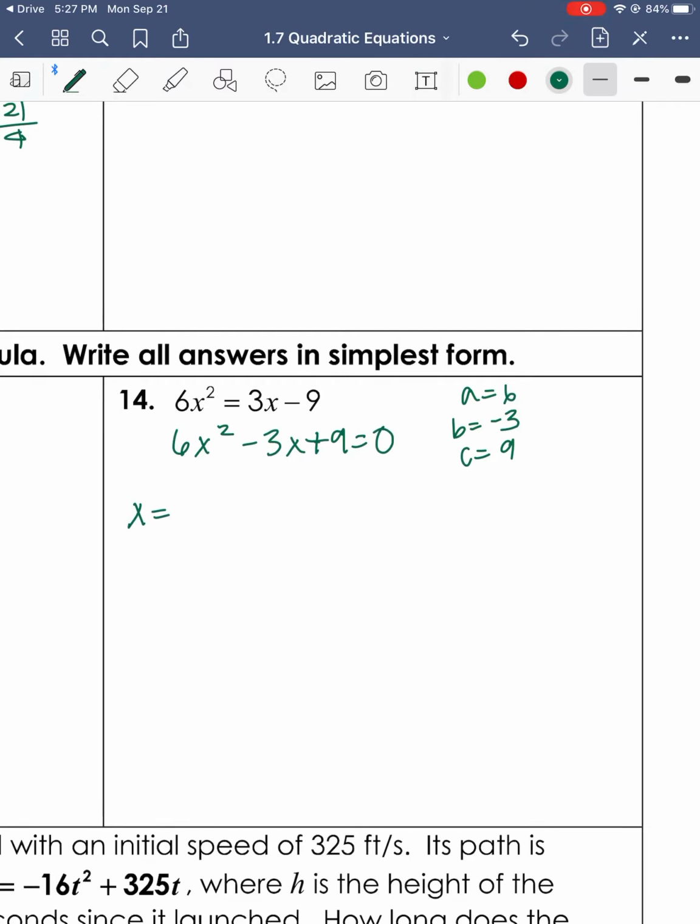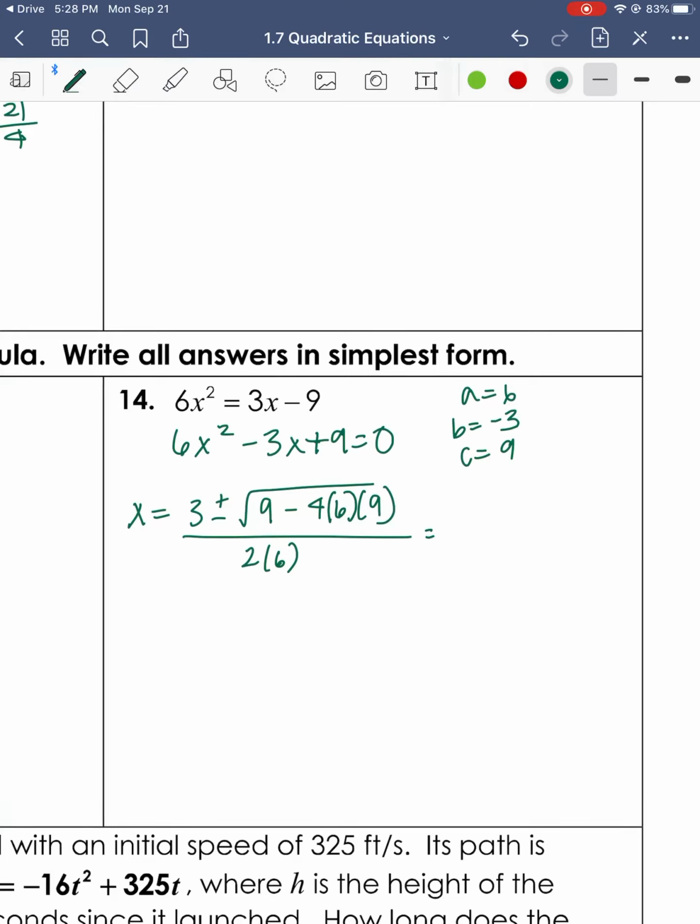So we have x is equal to negative b, so b is negative 3, so that's positive 3, plus or minus the square root of b squared, so negative 3 squared is 9, minus 4 times a times c, so 4 times 6 times 9, divided by 2 times 6.